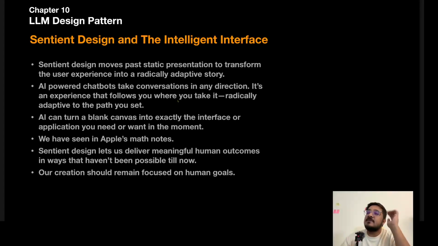AI will be supplementing your thoughts there and then. AI can also turn a blank canvas into something. You have seen Figma Make, right? In that one also there is a blank canvas, you write some prompt and you get some UI.